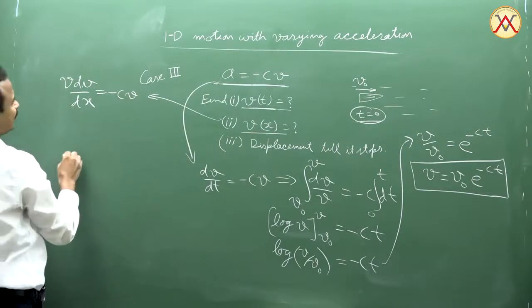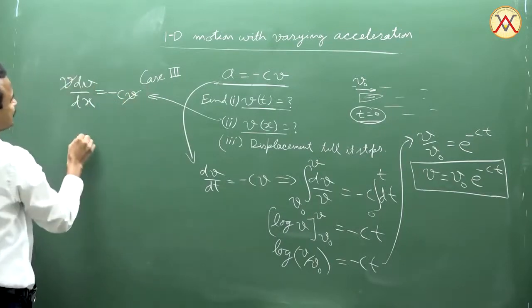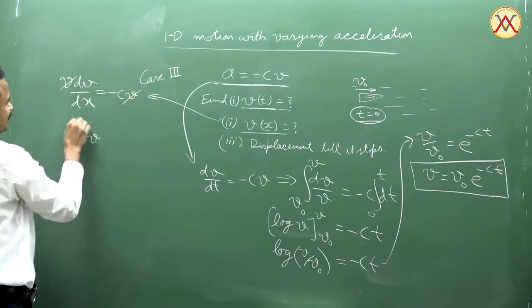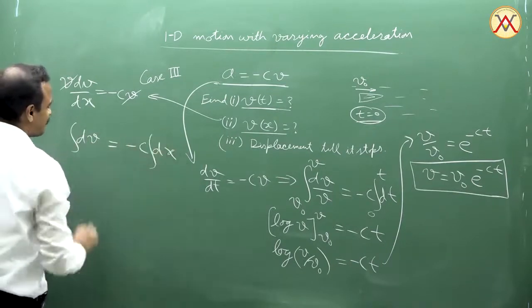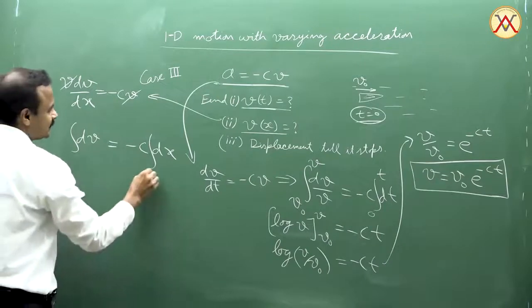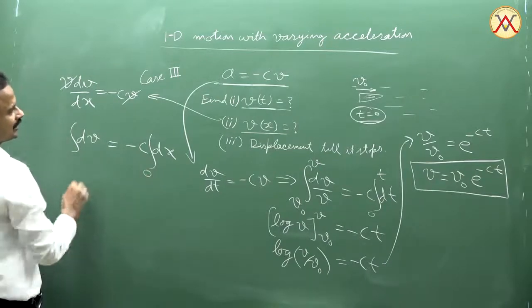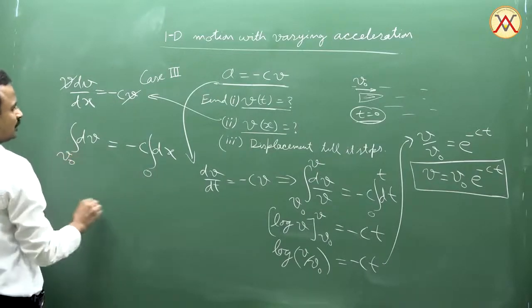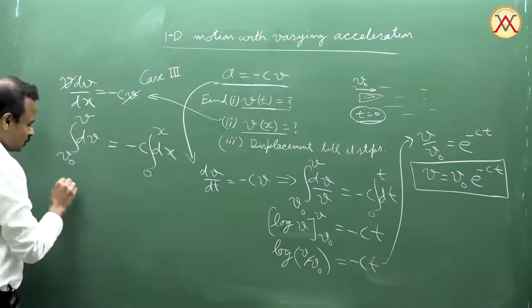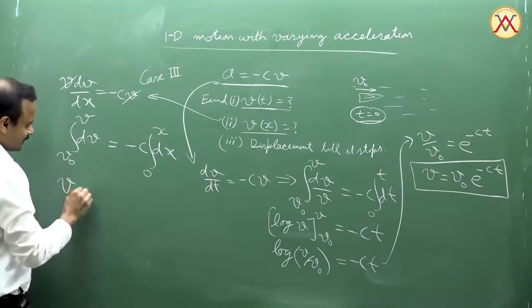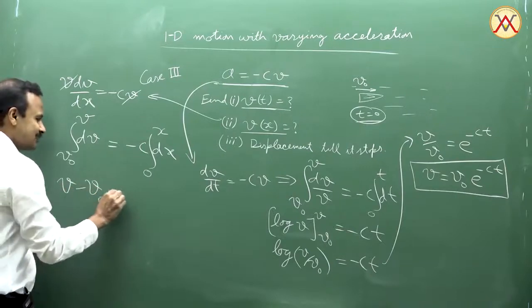Again, we will separate the variables. In fact, v is getting cancelled. So we just have a dv on this side. On the other side, it is minus c dx. At x equal to 0, the velocity is v naught. At a general x, let us say it becomes v. So the left hand side, very simple, is v minus v naught.